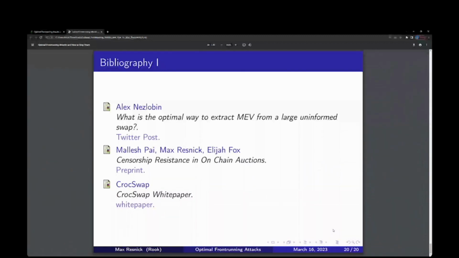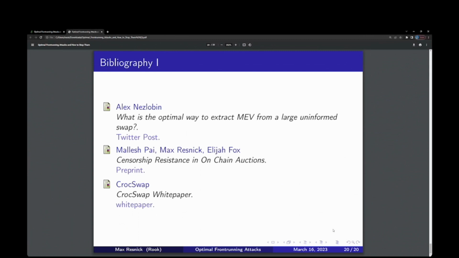So the just-in-time attack, I think, is first pointed out by Alex. I don't know if he's the first to point it out, but he wrote a really nice thread about the just-in-time plus sandwich attack that you saw. And that's what I based the graphics off of that you saw, explaining the attack.